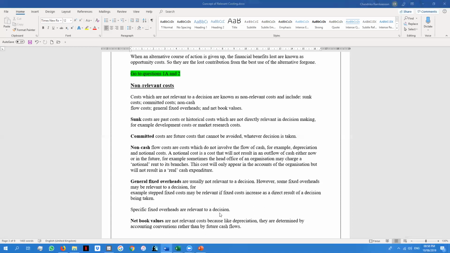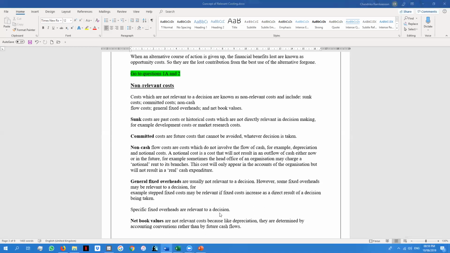The reason why, you may remember from your level 1 studies, is that the total supervision cost is fixed up to a certain level, up to 10,000 units. You may visualize this pattern in your mind. It's as though there's a horizontal line, with cost represented on the y-axis and units represented on the x-axis. You imagine a horizontal line moving to the right, and that cost is the supervisor's salary right now.